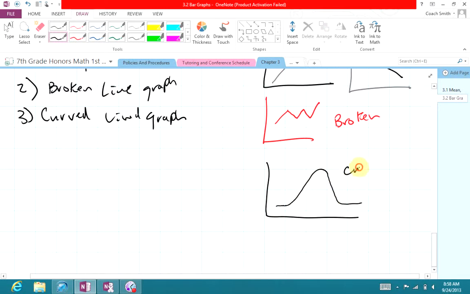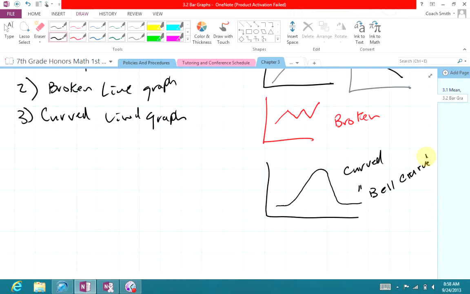Okay, this is curved. They call it the bell curve because it's shaped like a bell somewhat. Okay? So those are the types of line graphs.